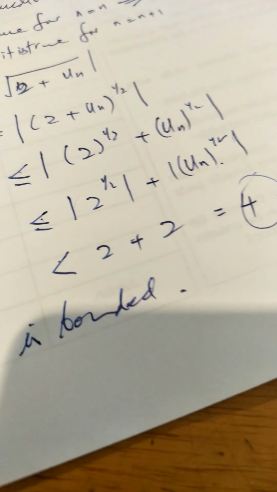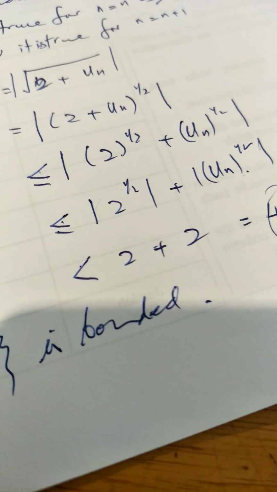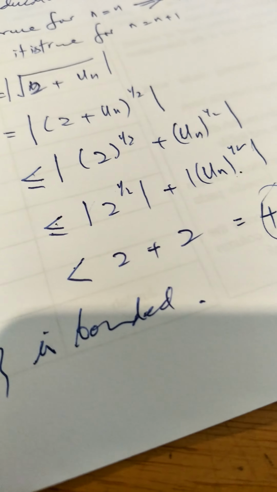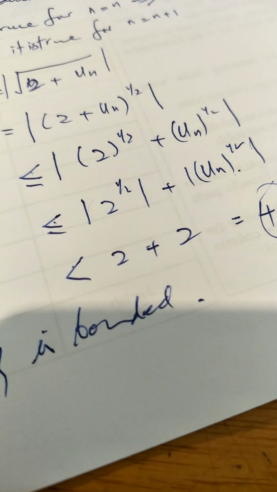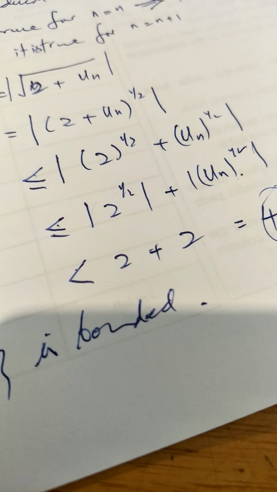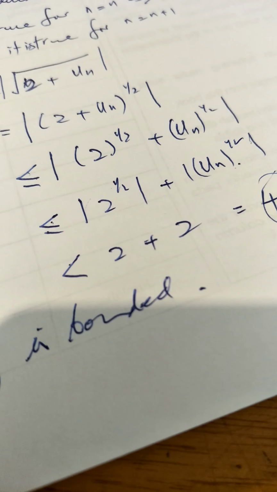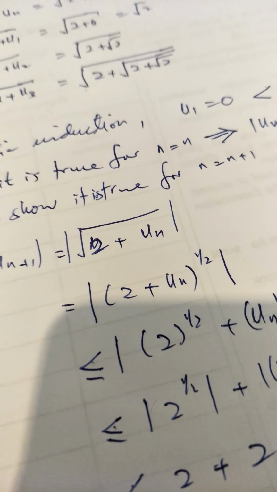Remember that when we talk about boundedness of a sequence, we need to find a certain number that our sequence will not exceed. Now, in the notes that you can download from Putra Blast, there are many exercise activities you can do. For example, I just show one of these.